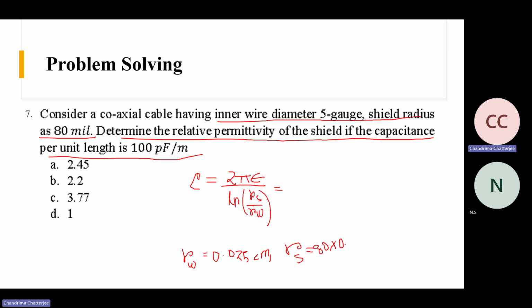If Rw is in centimeter, Rs should also be in centimeter. 0.001 times 2.54, right? So this value is 0.2032 centimeter.